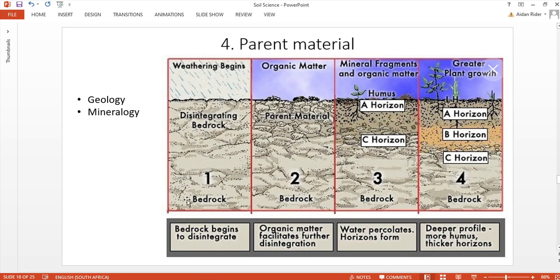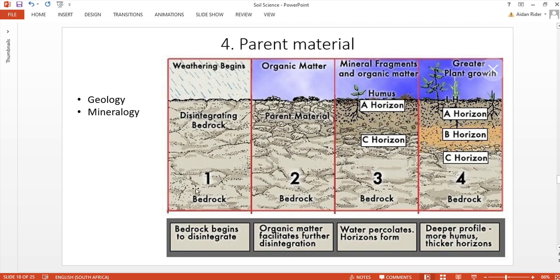So that is then the parent material, and then as organic matter and mineral fragments and things are being added, humus as well, and as the plant growth comes, they actually break down all the different pieces of the bedrock to form soil. And this also changes the composition of the soil, and then you get soil. So everything is made from this parent material, which is the bedrock, or the physical rock that's being started with.